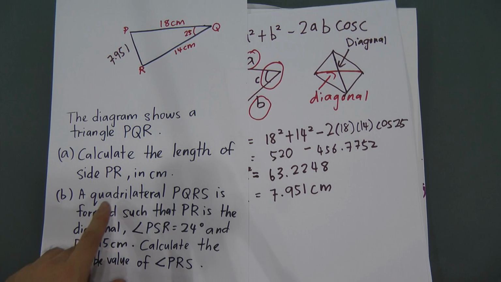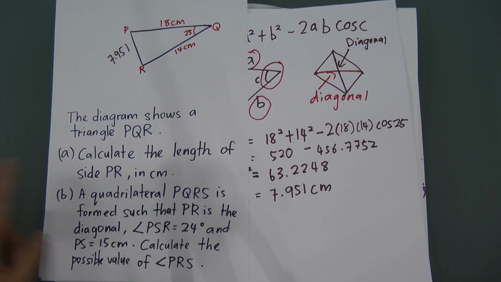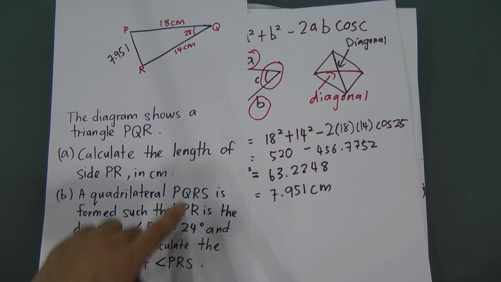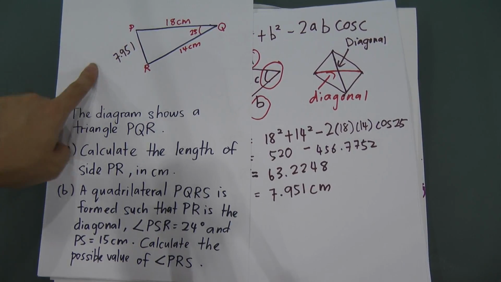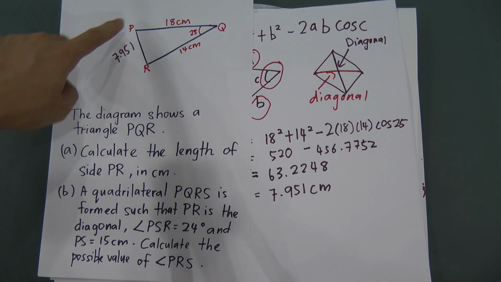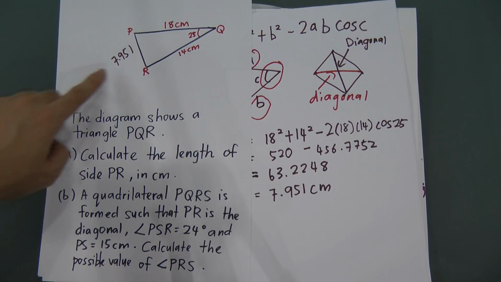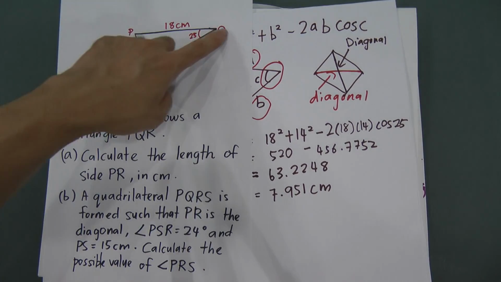So in order to form the quadrilateral PQRS, we need to find out another point S. Since it says PR is a diagonal, I know the S point is somewhere here. After I put the S point here and connect these 2 points to S, you will form a quadrilateral.